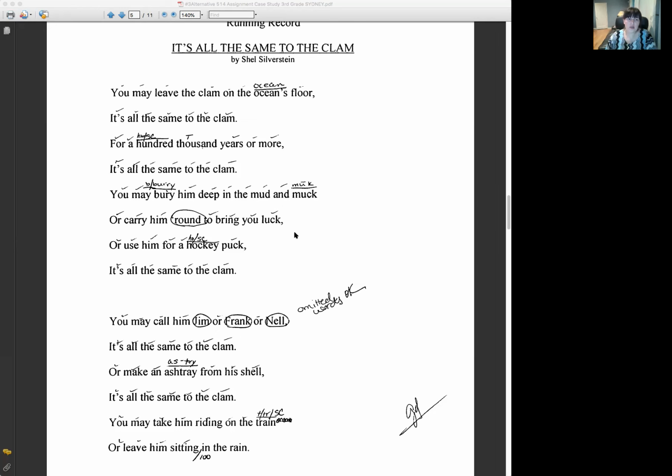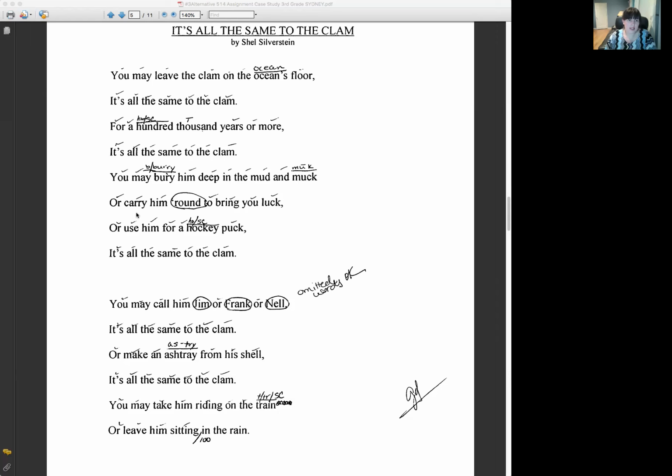If we go down in Sydney's assessment here, you might notice that she said "bury" instead of "berry." So we're going to make a little notation above "berry." We notice that for the words she's getting correct, like "muck," she has the U, but she's missing the CK sound.